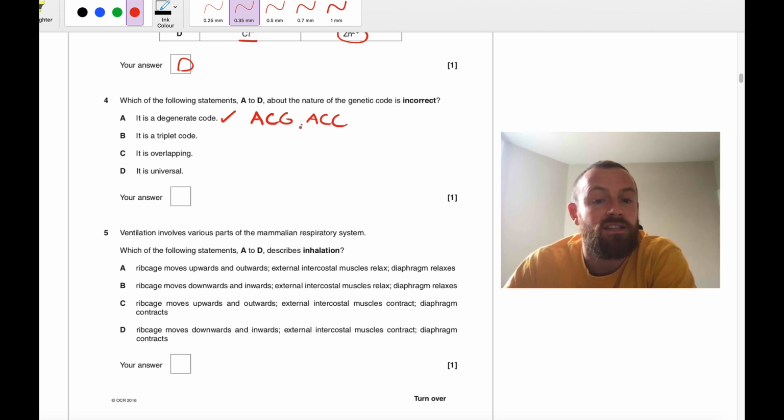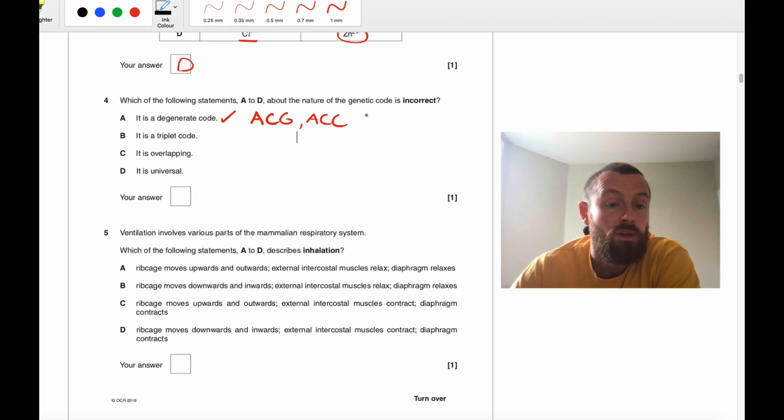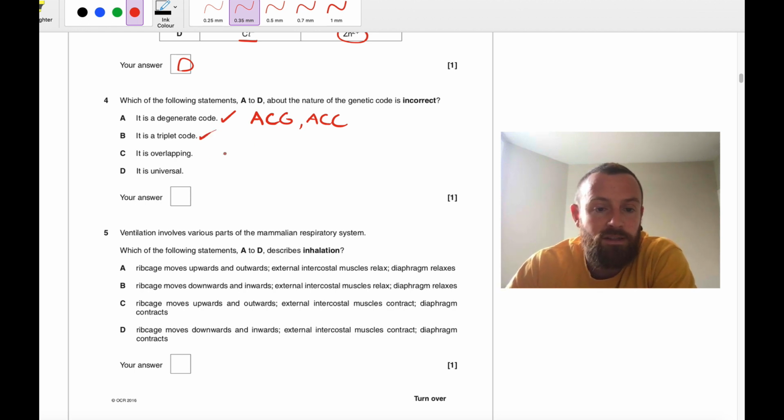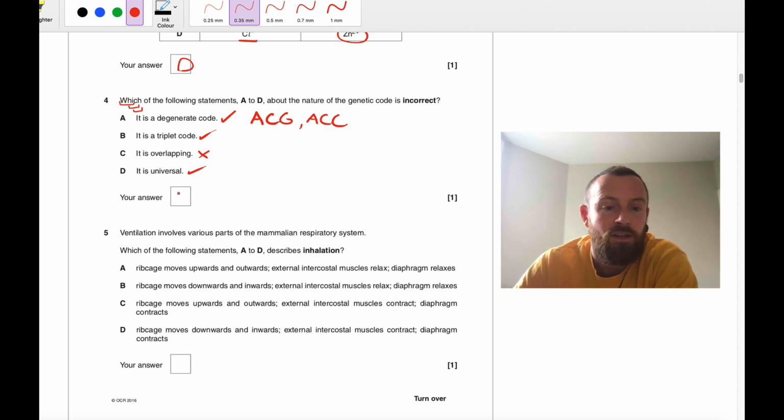They might mean the same thing. It is a triplet code, 3 letters. It is not overlapping. It is universal. So overlapping would mean that if you had a sequence, for example, reading this sentence, you would be like WHI and then HIC and then ICH. That would be an overlapping reading frame, which it is not. So the answer is C.